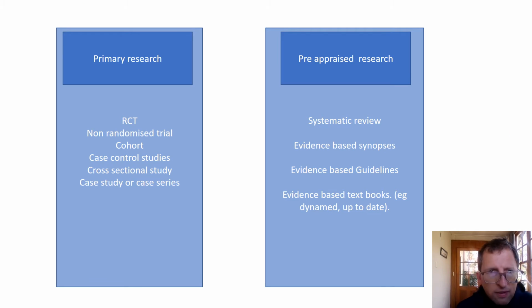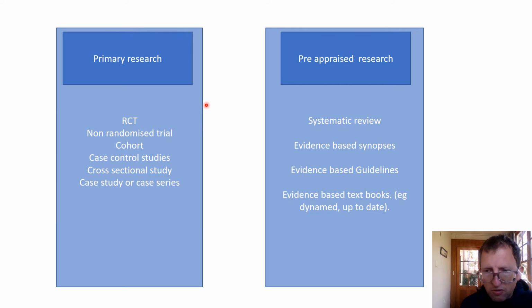We talked about, having worked out your question type and your PICO or variation of it, what do you do next, and the next thing you need to do is look up the database. And we talked about how there's two types of literature out there.